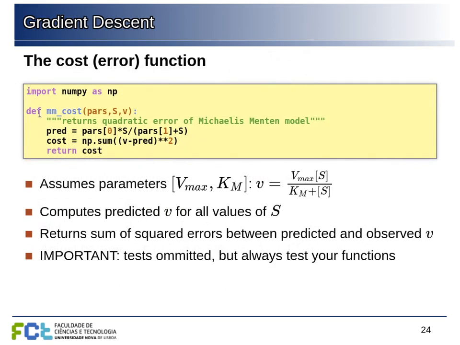So first we can write the cost function here. We need to do it in this way. We're going to receive a tuple with the values to try for this particular point, the values to evaluate.